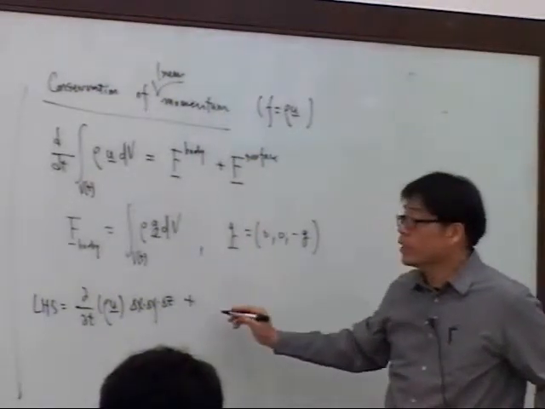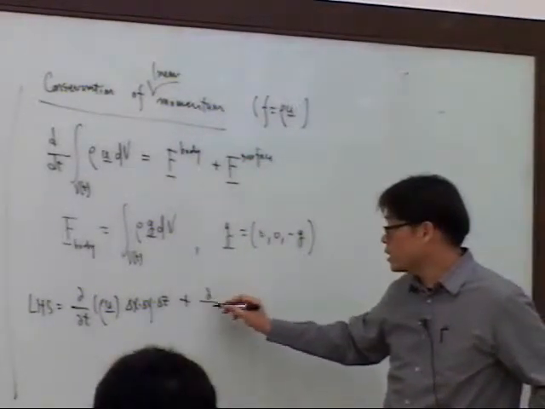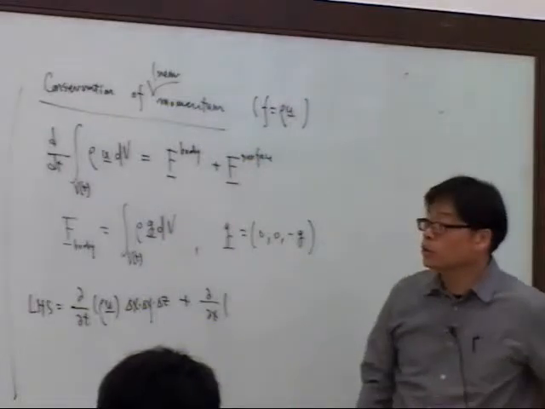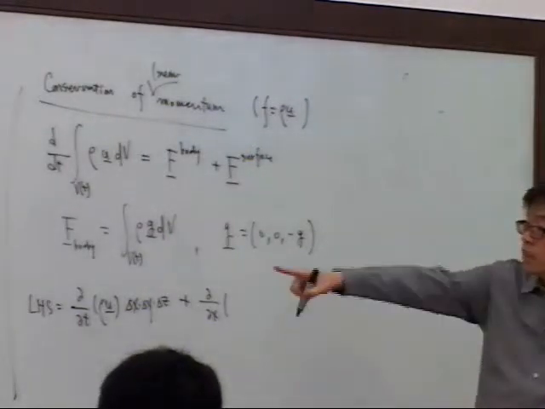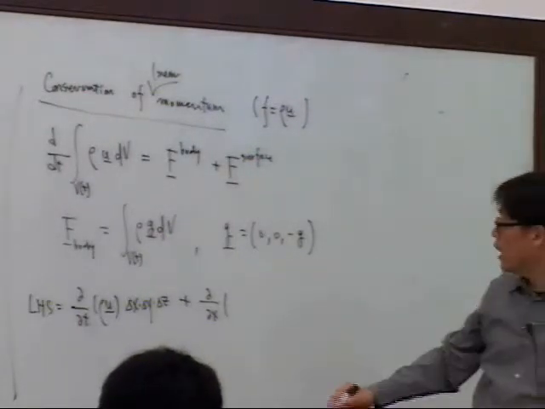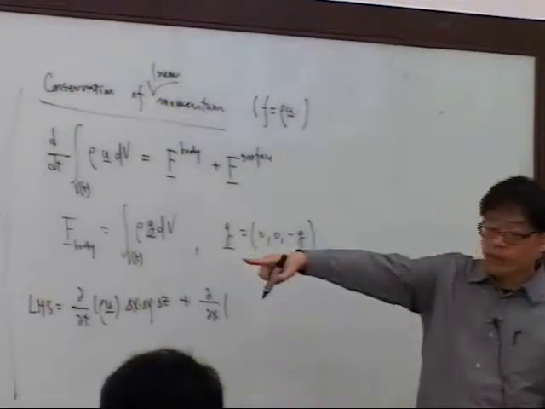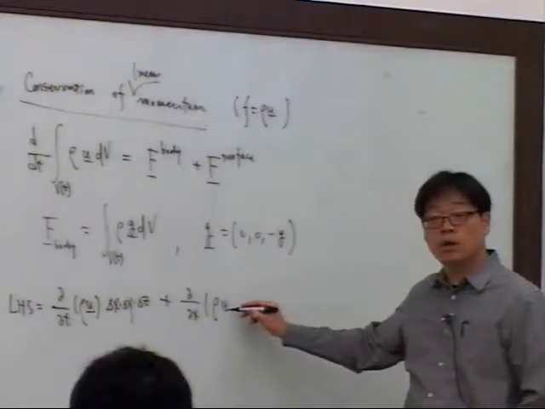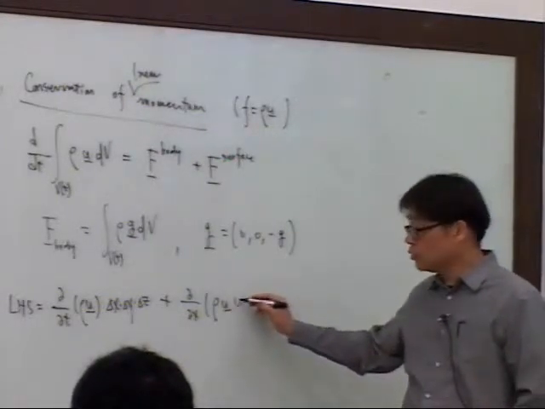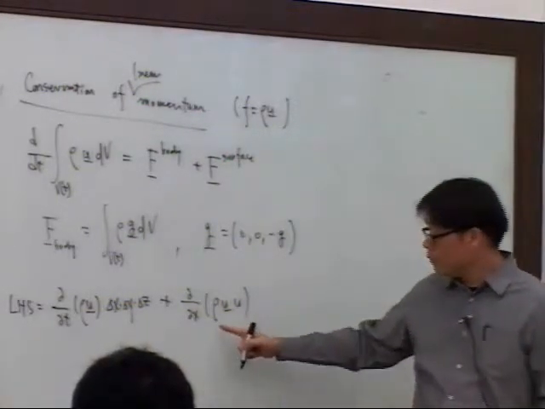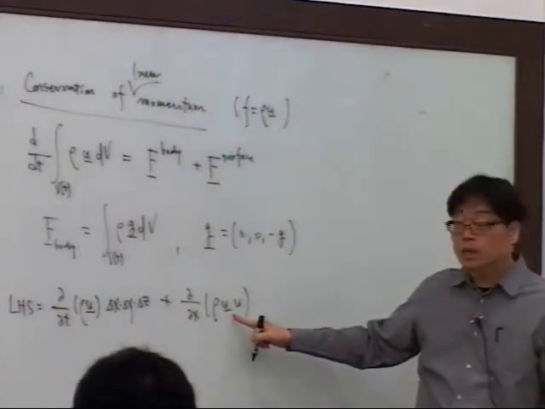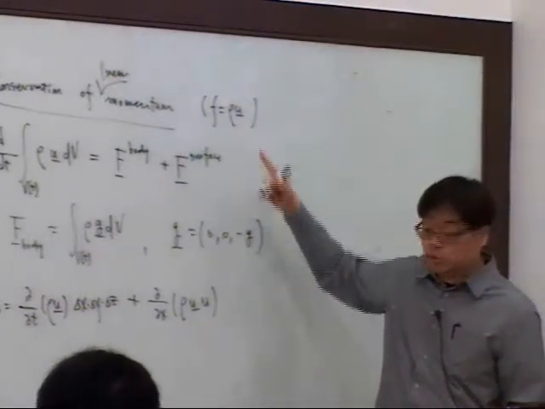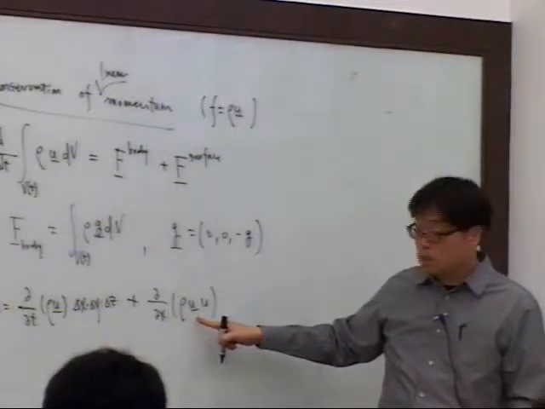And the second term will give us d dx. So what do we get? Instead of just rho U there, over there F is rho. Here F is rho U vector times U. So previously I had the rho here. Now my F is rho times U, so I put this.